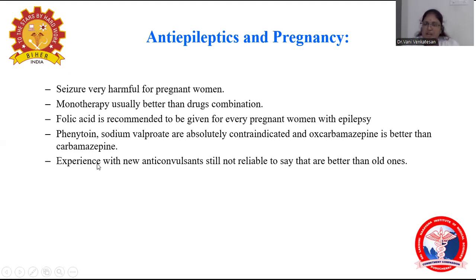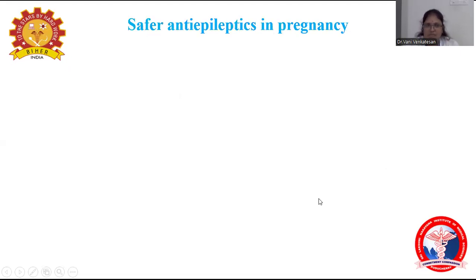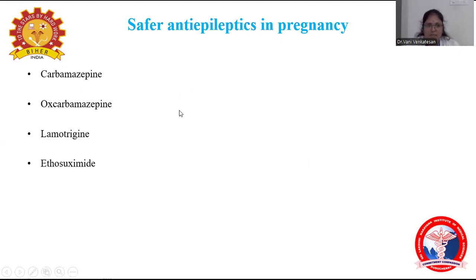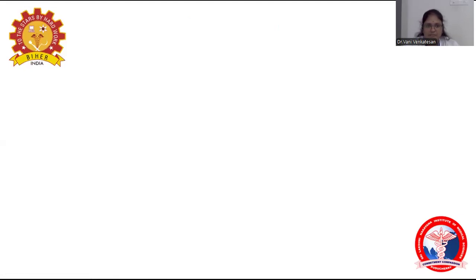There are new anti-epileptic drugs which are still under trial for pregnancy, and we still don't have many reliable reports for considering them as a drug of choice. The safer anti-epileptic drugs in pregnancy include carbamazepine, oxcarbazepine, lamotrigine, and ethosuximide. Lamotrigine and ethosuximide come under second generation and first generation anti-epileptics respectively. These should be given along with folic acid supplementation.